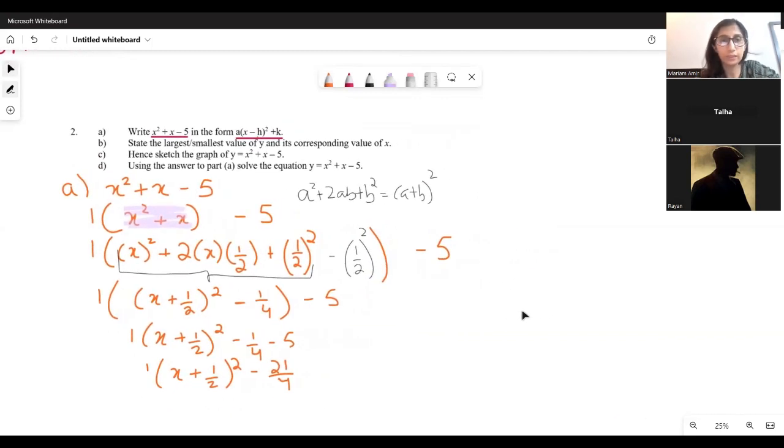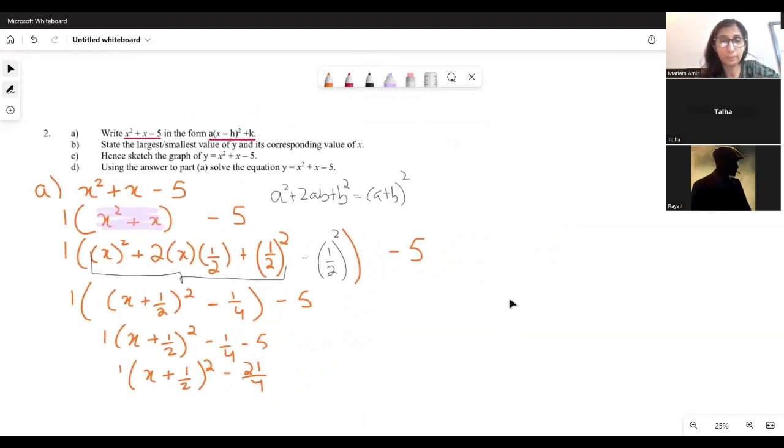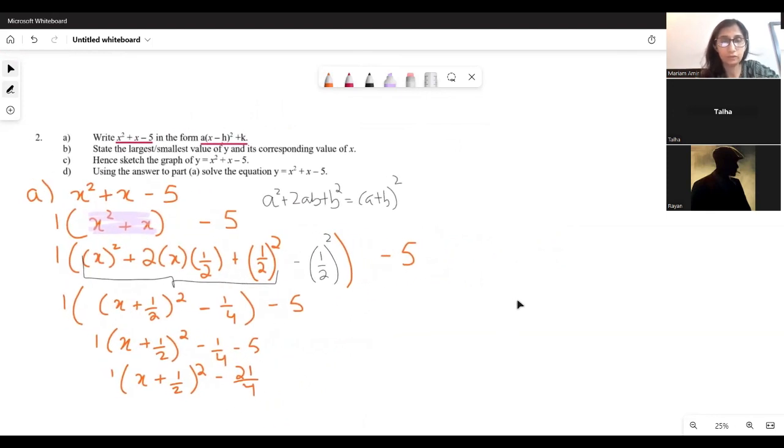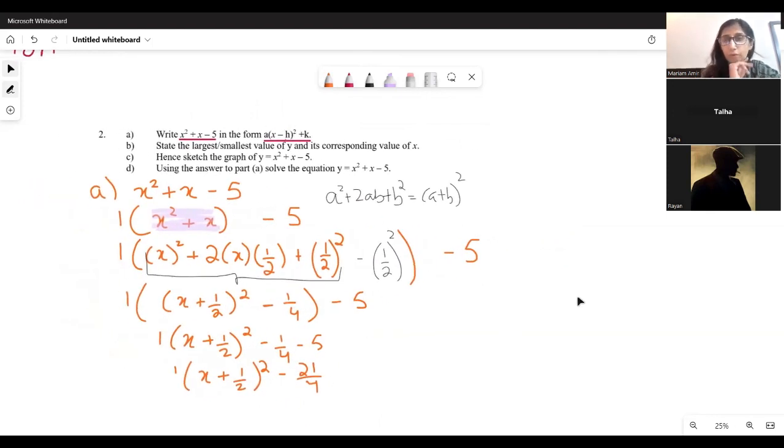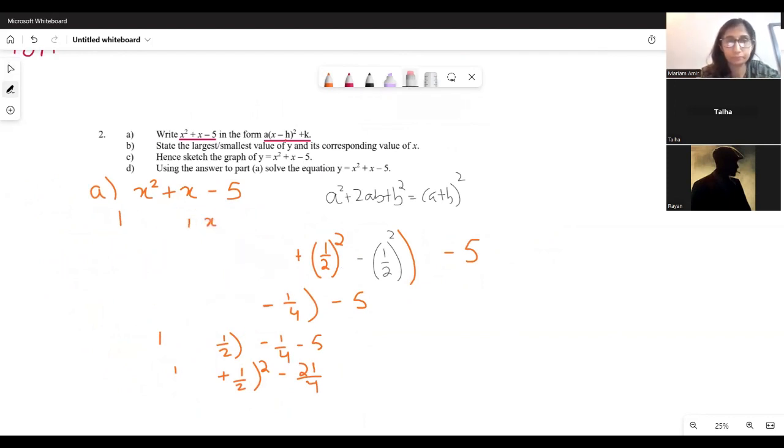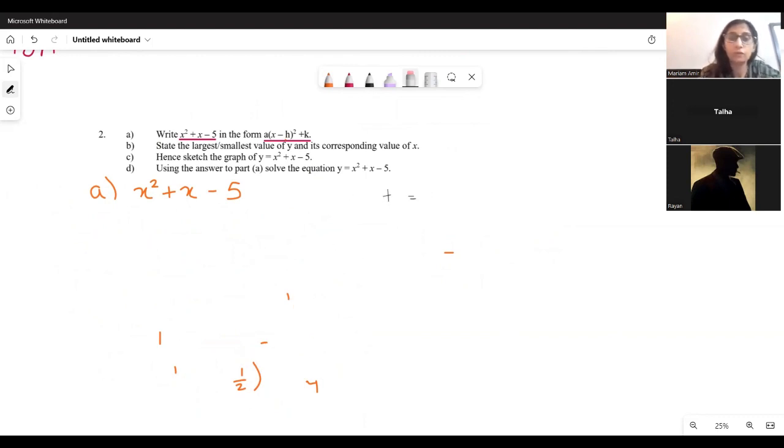What's the second method we learned? Expand and compare. Let's do that. So I'm clearing this and we're going to do expansion and comparing. For that, you equate it to the required expression, a times (x minus h) whole square plus k. Quickly expand it.